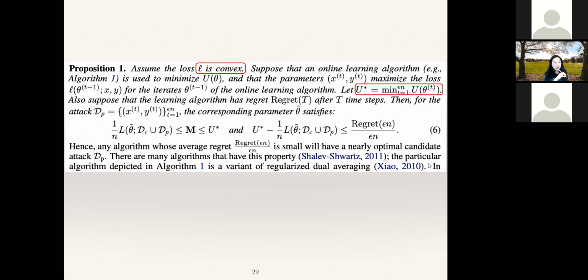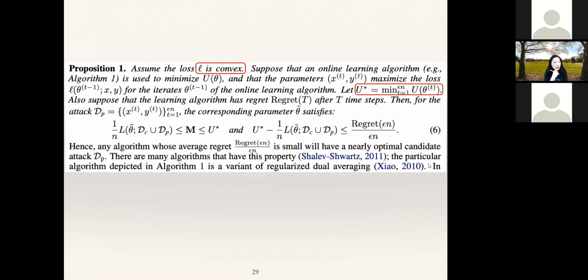They say that, suppose the learning algorithm has regret t after t time steps, then for the attacker, the corresponding parameter theta tilde satisfies this condition.